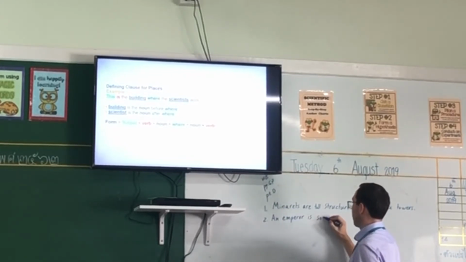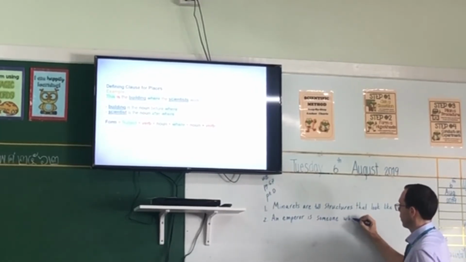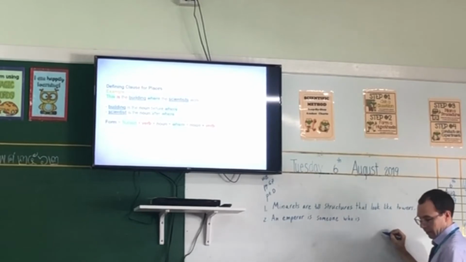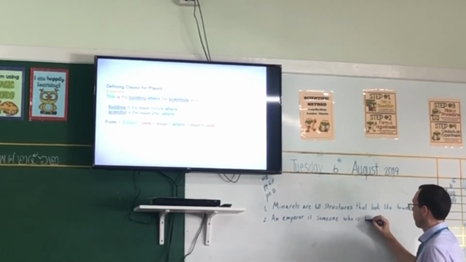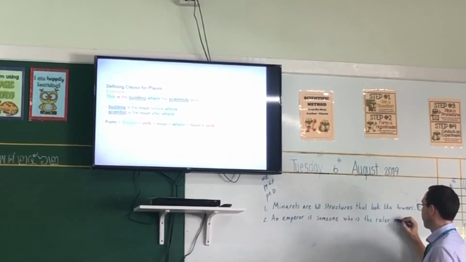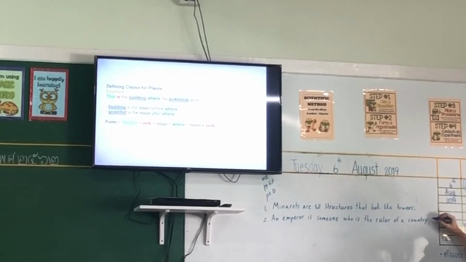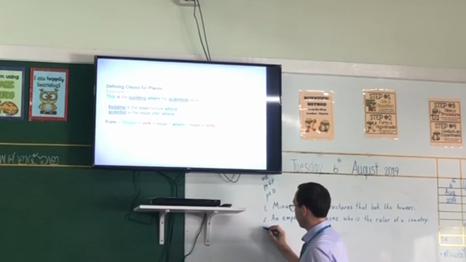It's talking about a person. So what goes here? Who? Who is? Yeah, good. The ruler, spelled ruler. Spelled country. And what comes at the end? Full stop. Yeah, try to remember the full stop.